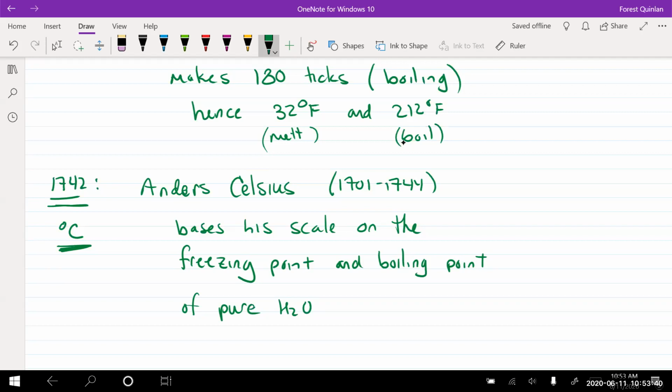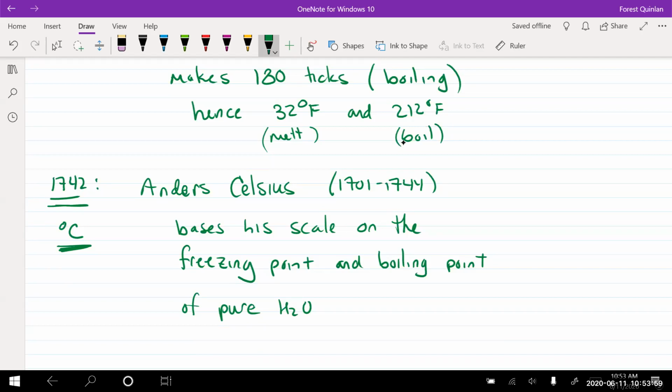Because if people are going to start talking about the same thing, they have to be able to reproduce that temperature scale. They have to be able to reproduce essentially their thermometers. And if the coldest thing that you can make is not always the coldest thing you can make, then everyone's temperature scales will be off.